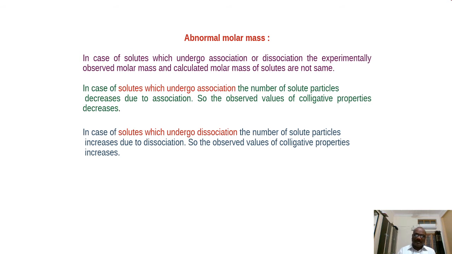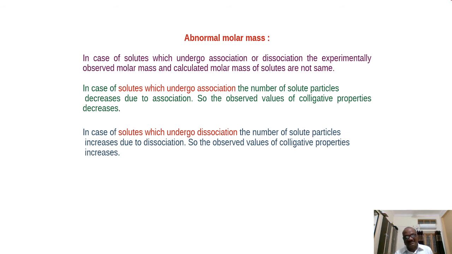If you determine the molecular mass of acetic acid with the help of a colligative property, it will not be equal to 60, though we know the molecular mass of acetic acid is 60. We observe a molecular mass of more than 60. Actually it is 60, but we observe more than 60, so there is a difference.